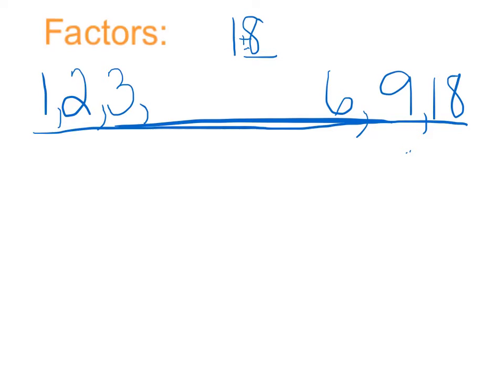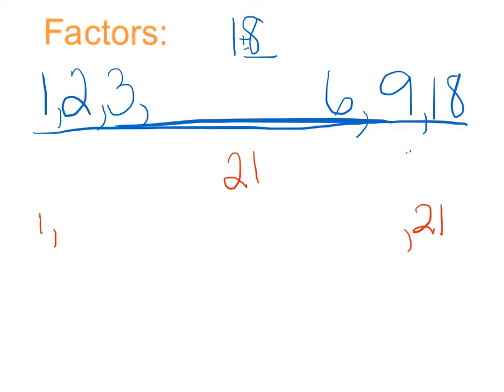Okay, let's try another one. This time, let's go with 21. All right, what do we start with? Very good, 1 and itself, so 1 and 21, because 1 and the number itself are always factors.